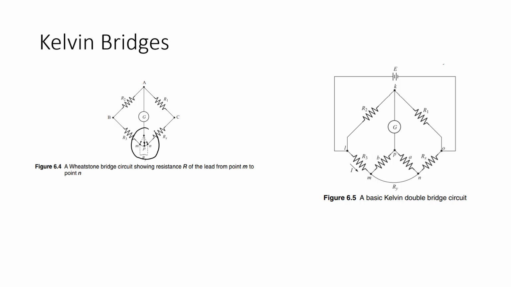The Kelvin bridge uses the principle of the Wheatstone bridge, but to measure very small unknown resistors, from 1 ohm to 0.00001 ohm, we cannot use the Wheatstone bridge because it has many limitations, like I said before.